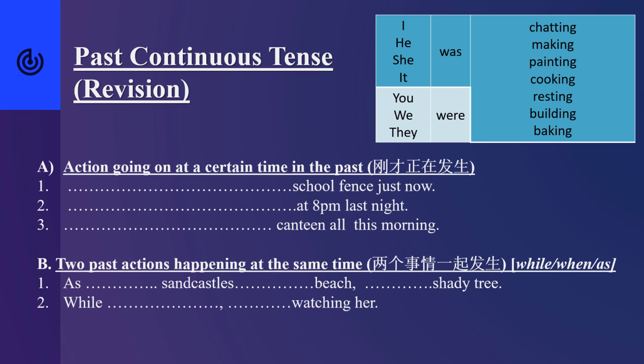I repeat. While 我妈妈正在做 pizza. You spell pizza? P-I-Z-Z-A. 当我妈妈正在做 pizza，我正在看着她。So was or were watching her. Very simple sentence right now. Two actions happening at the same time.